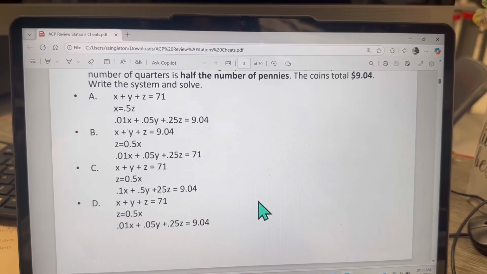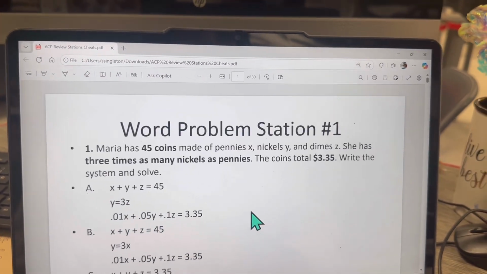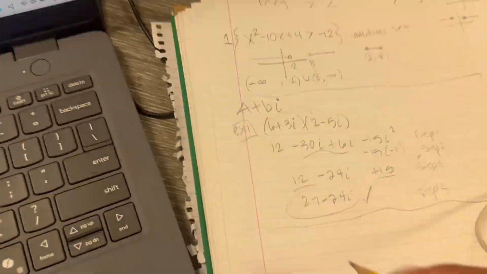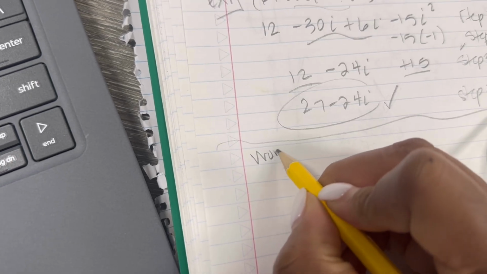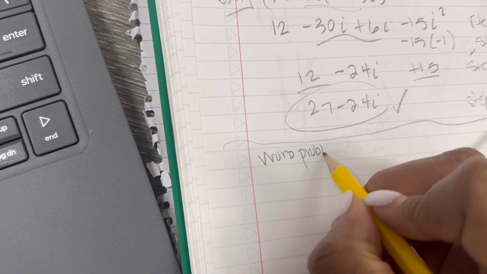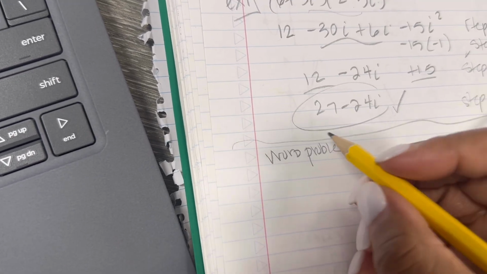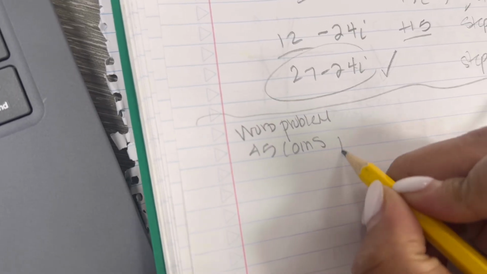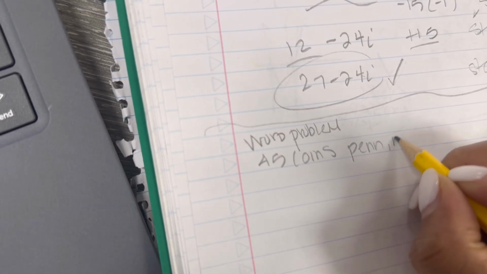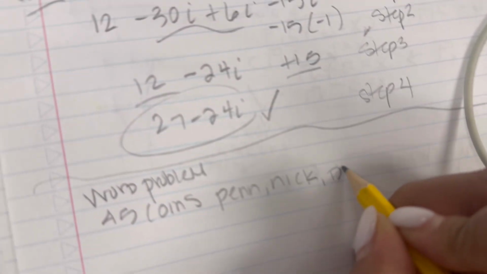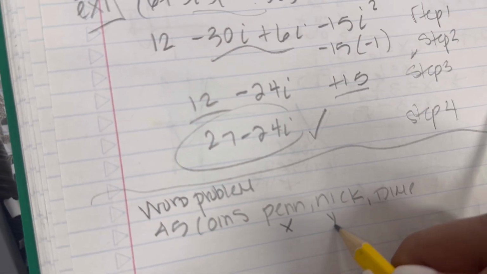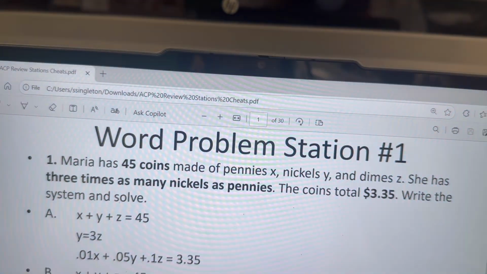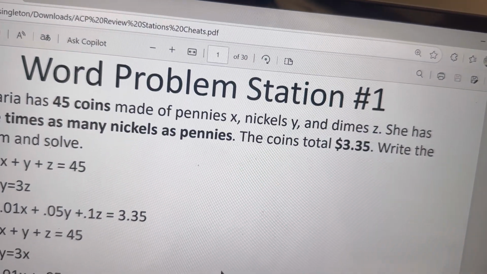Next, let's do word problems. Let's do number 1, Maria. Maria has 45 coins made of pennies, nickels, dimes: X, Y, and Z. You don't need to write the words Maria or has or made or of.